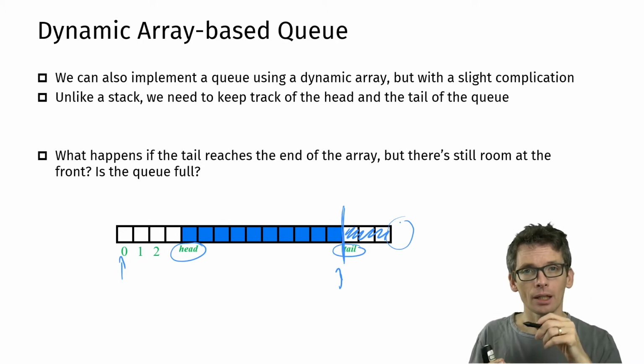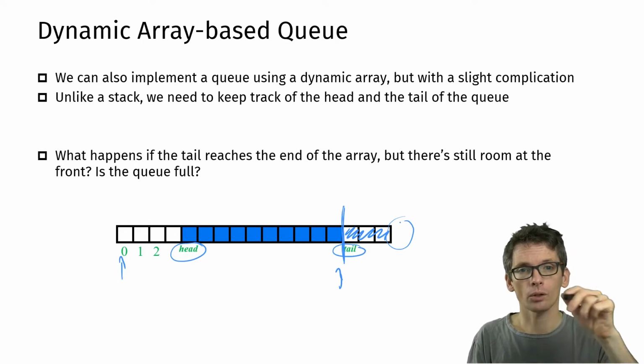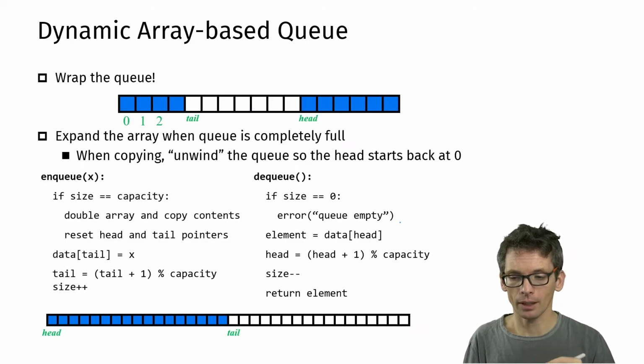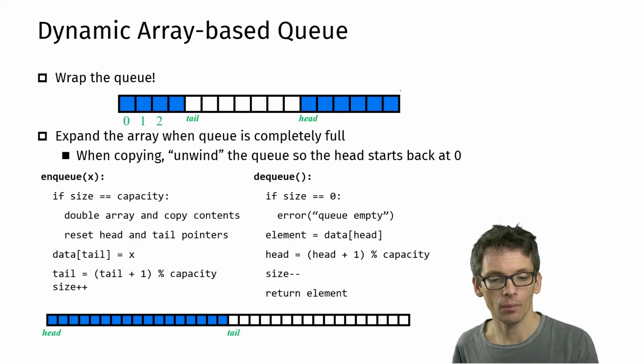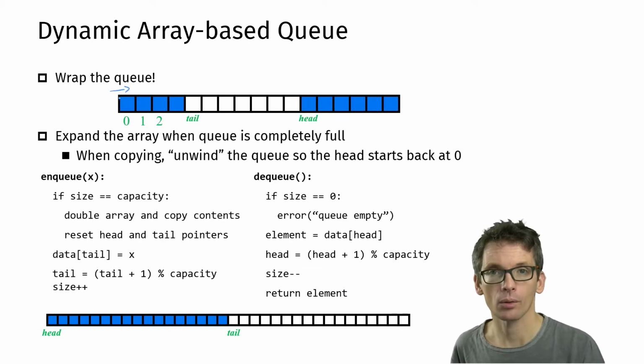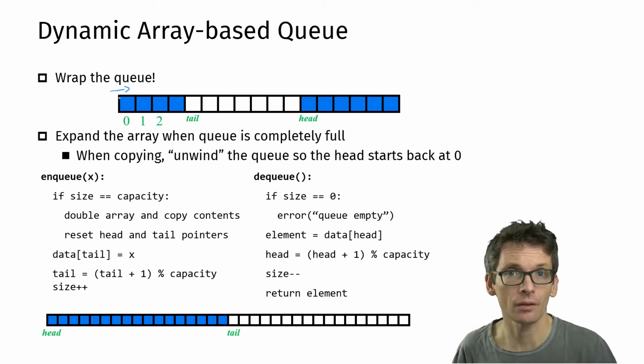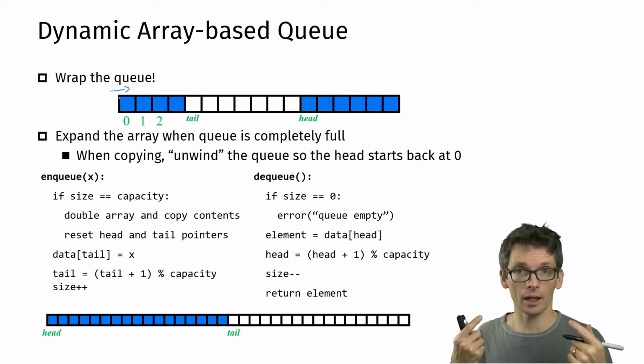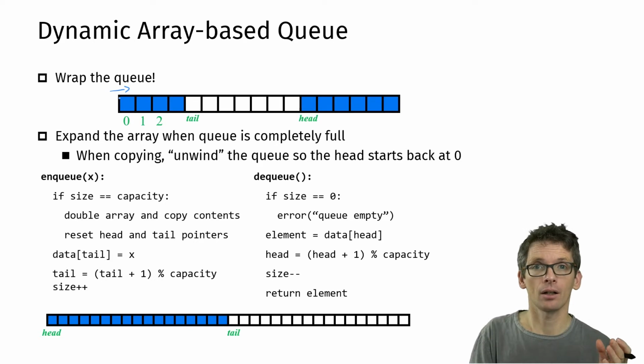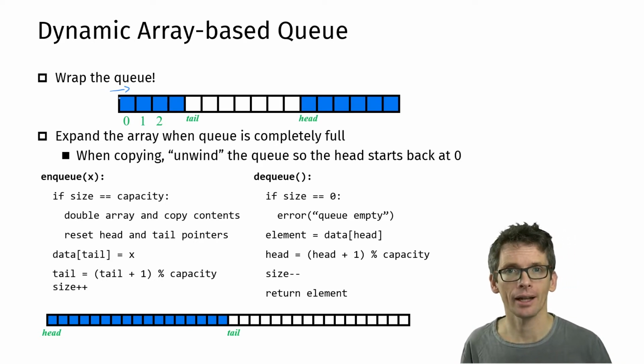So what we can do instead is we're going to wrap around. So how does that look? It means that if the tail hits the end, it simply starts here at 0 again. And this way we can use our space efficiently. So we only need to resize whenever the tail bites the head.